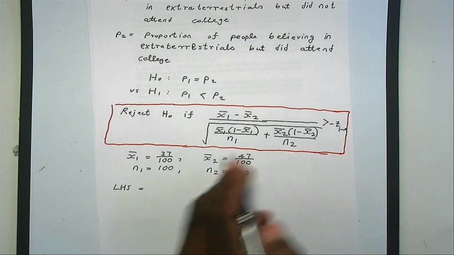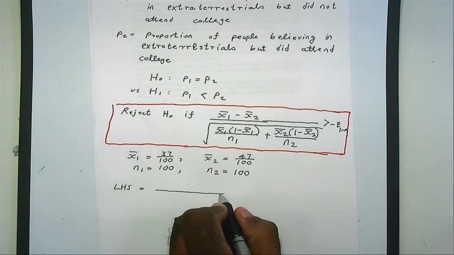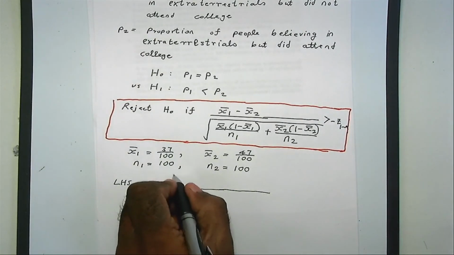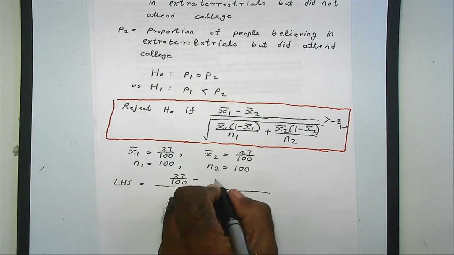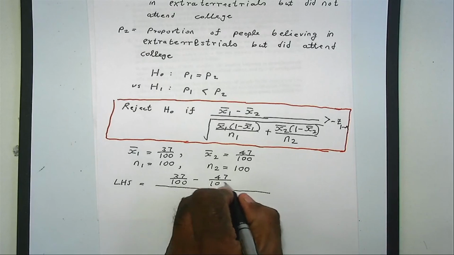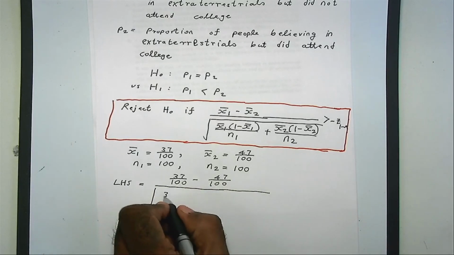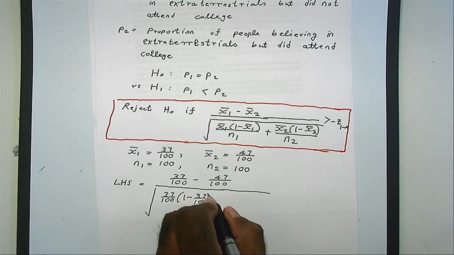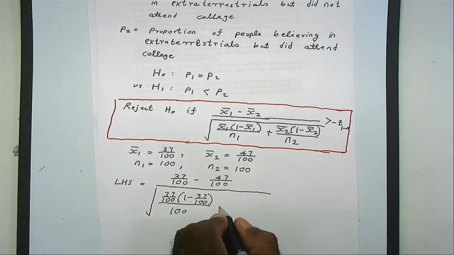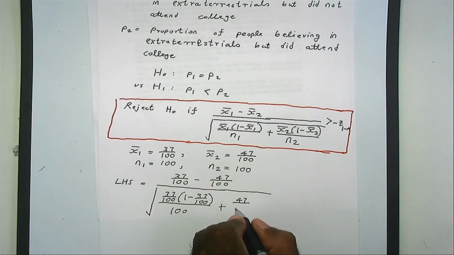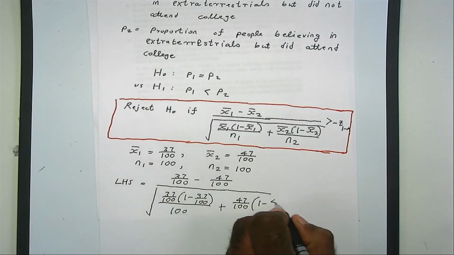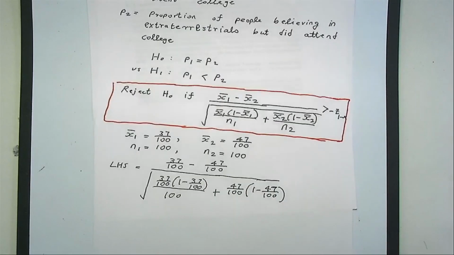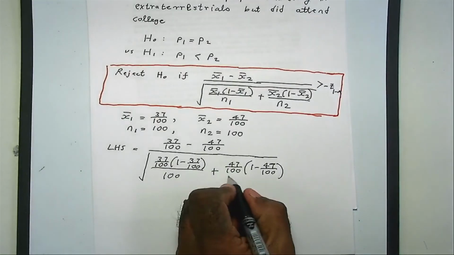If you put these numbers into the left-hand side, this is what you will get: 37 divided by 100 minus 47 divided by 100 in brackets, divided by 100.